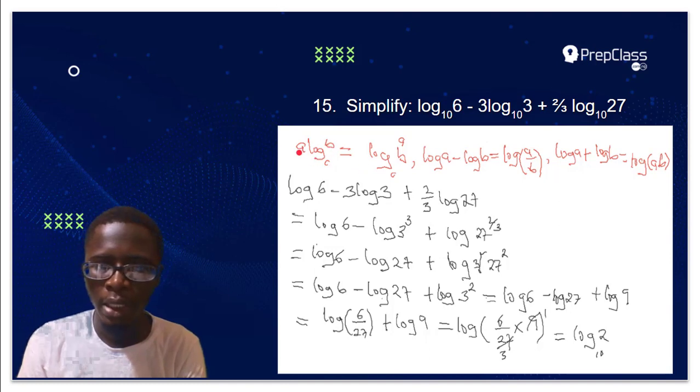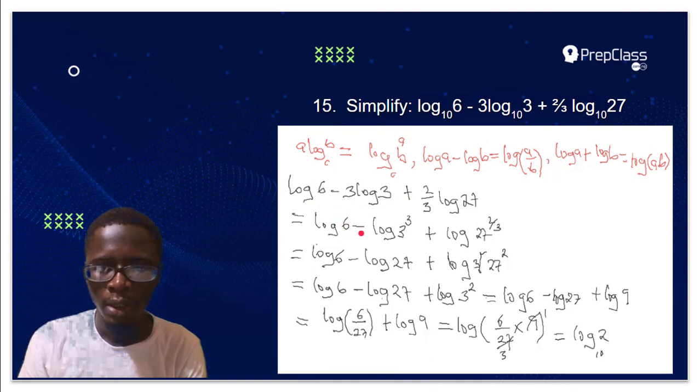And whenever you have log a minus log b, it's the same thing as log a over b. And whenever you have log a plus log b, it's the same thing as log ab. So let's see how this applies to this particular expression.